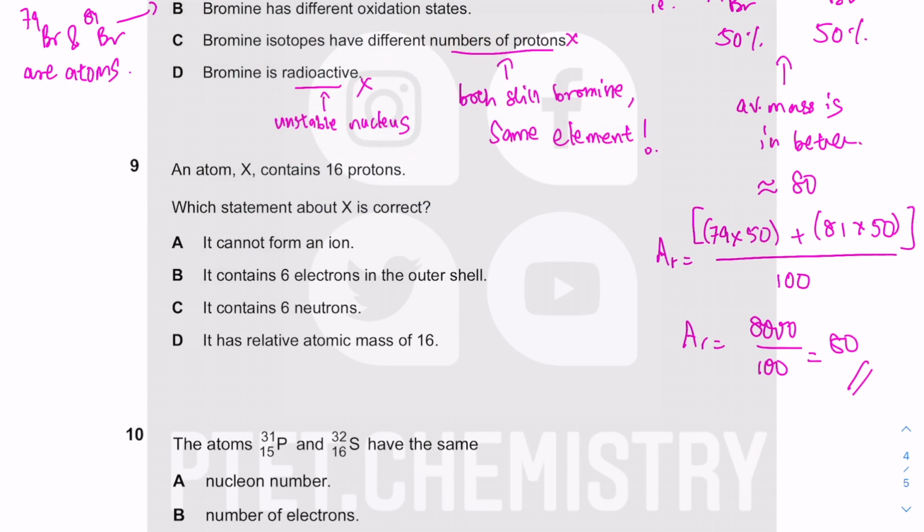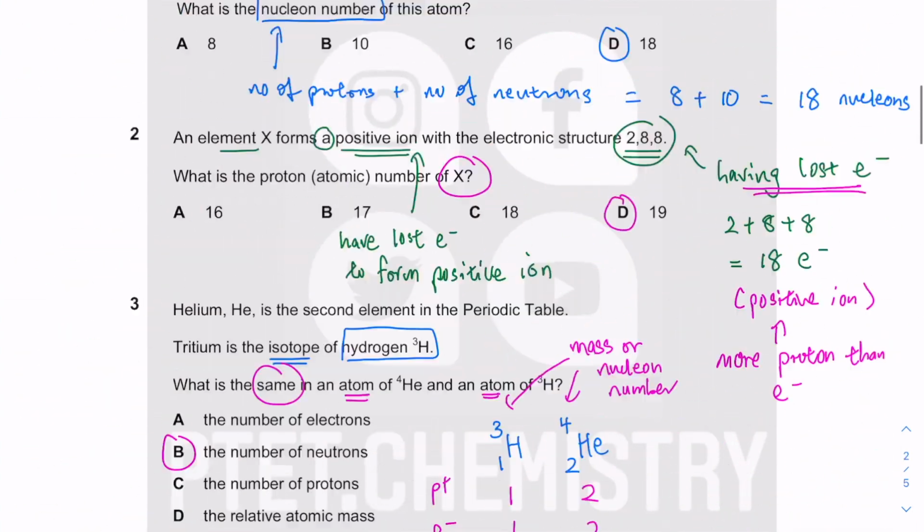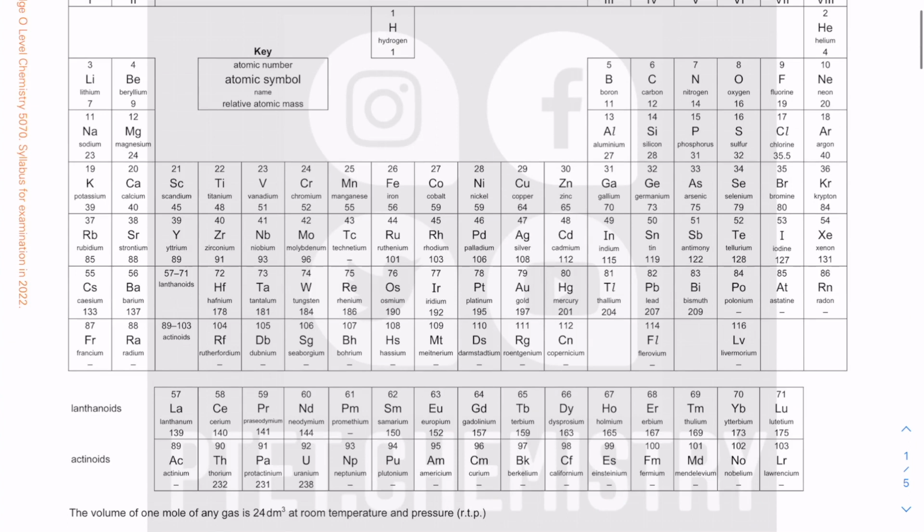Question 9: an atom contains 16 protons. So if the atom contains 16 protons, look for element 16 in the periodic table, by proton number. Element 16 is going to be sulfur.